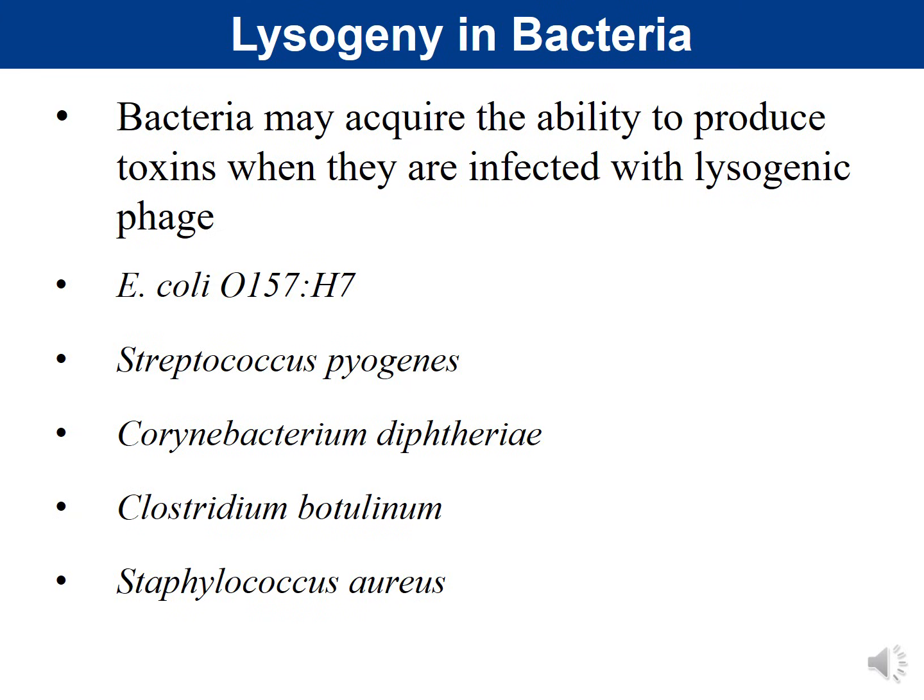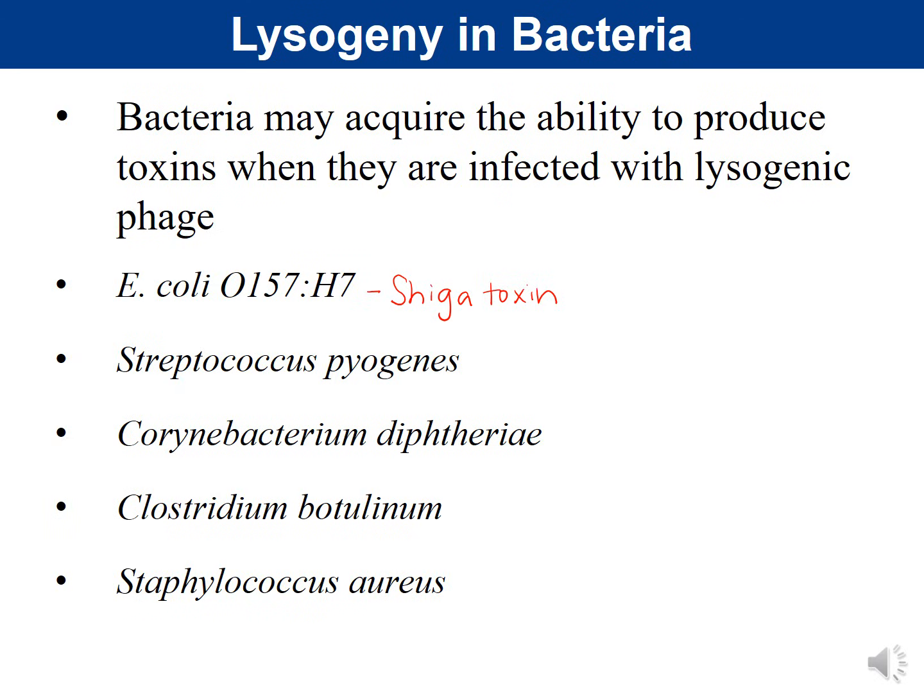And so an example of that is E. coli O157:H7. Remember that E. coli is normally found in your gut, no problem. However, if you happen to get an infection with E. coli O157:H7, that happened because of lysogeny, meaning that in this case, E. coli picked up the ability to produce the Shiga toxin.